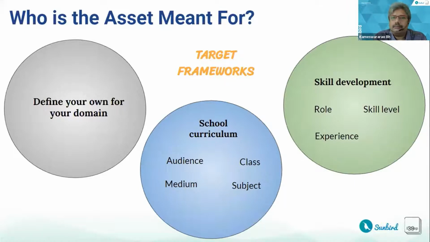For example, again in case of skill development, you can think of the roles of the users, job roles, and then it could be skill levels, the experience, and you can target your assets based on that, right? So the users can define their personas using these categories that you can define, and then they can easily find the relevant content based on that, and even the system can suggest what is relevant to you, right? You can actually think of your own domain, what makes sense in your context.